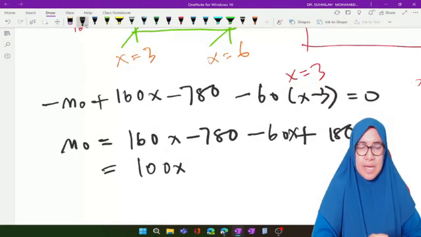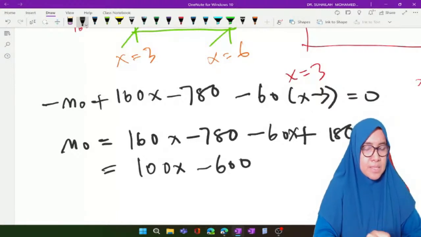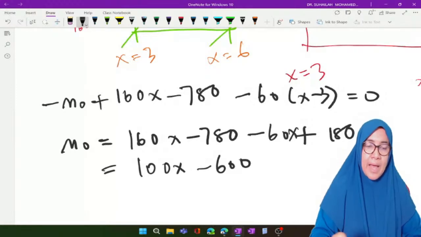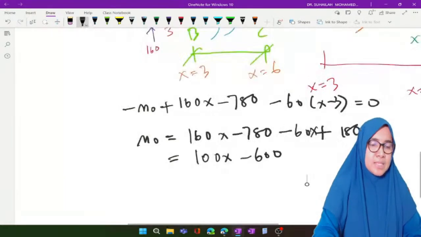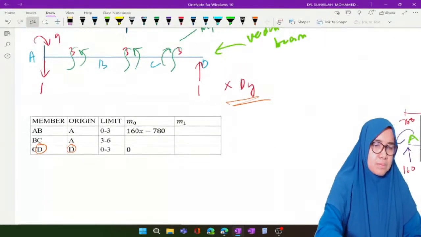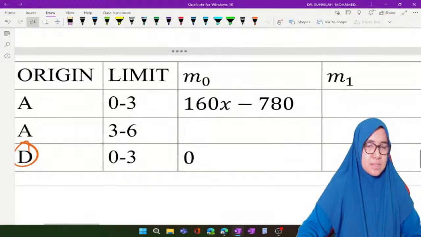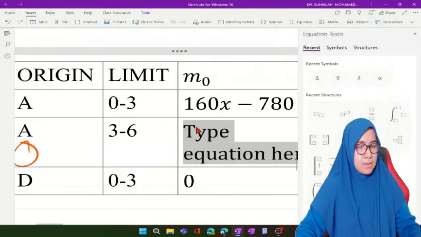Minus 780 plus 180 is minus 600. So it is 100x minus 600.